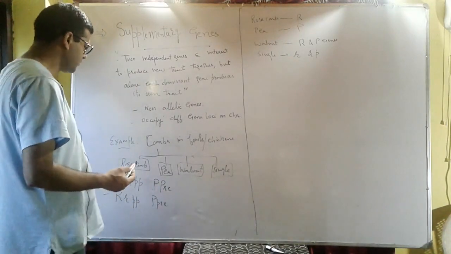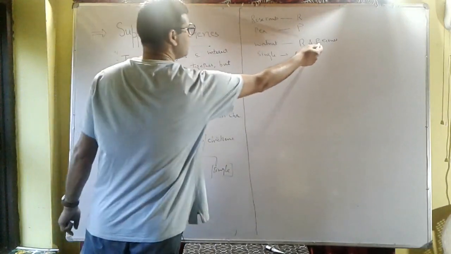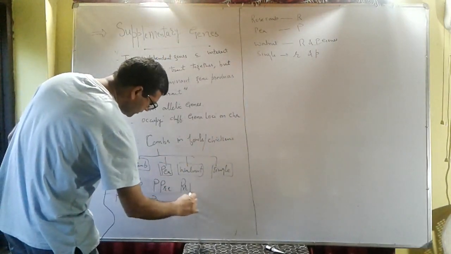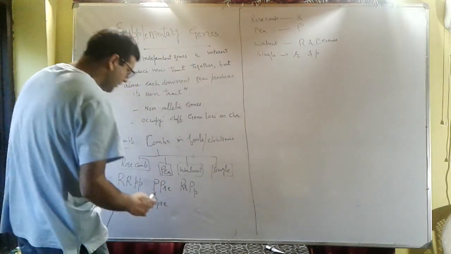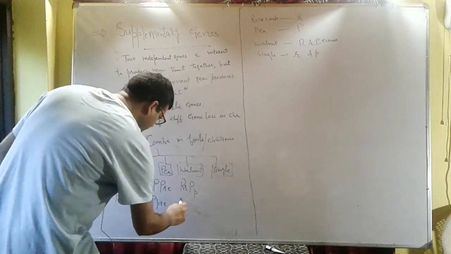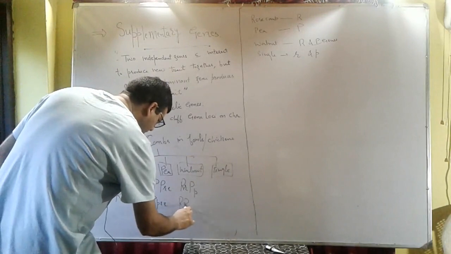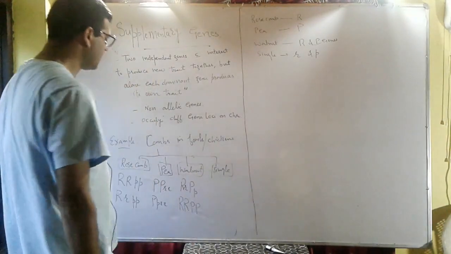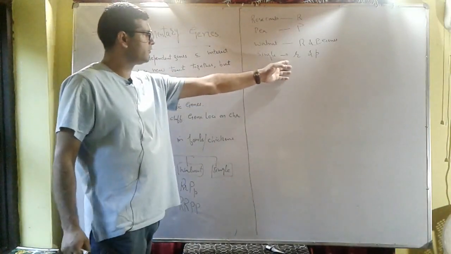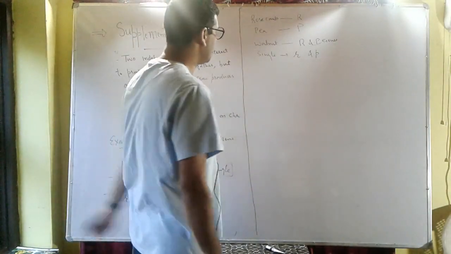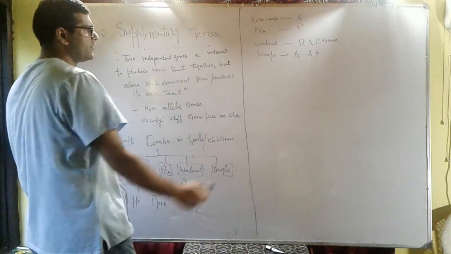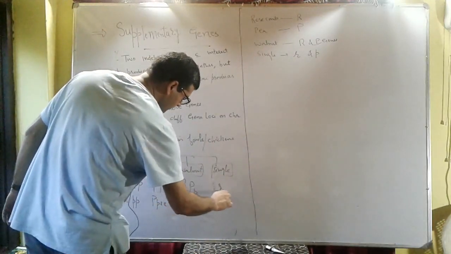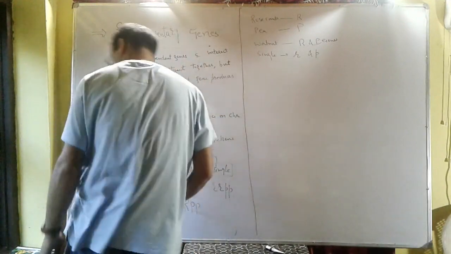So walnut comb is produced by the interaction of two dominant genes R and P. So it would be capital R, capital P, small p, and capital R, capital P. This single comb is produced by two recessive genes when they are present in homozygous state: small r, small p.